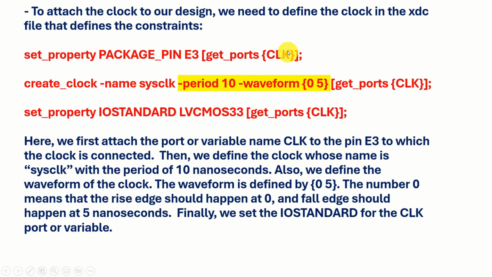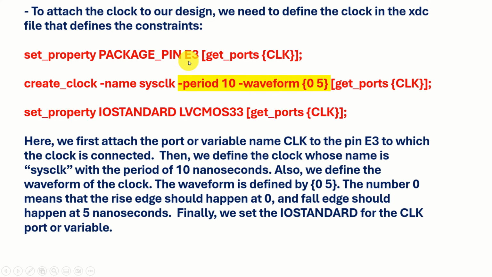First of all, in my module, I'm going to use the port name clock or CLK. Then, I need to specify this port. I need to specify package pin. Then I need to say that this port is actually attached to the pin E3.